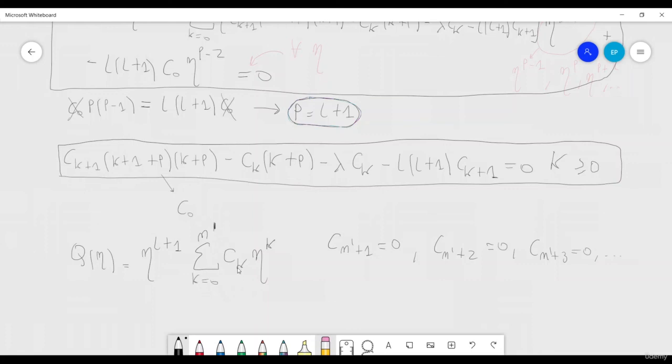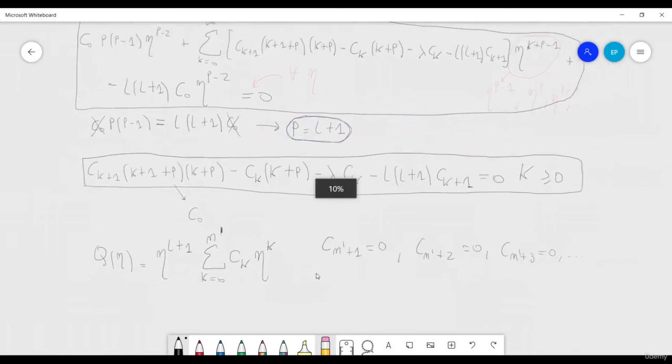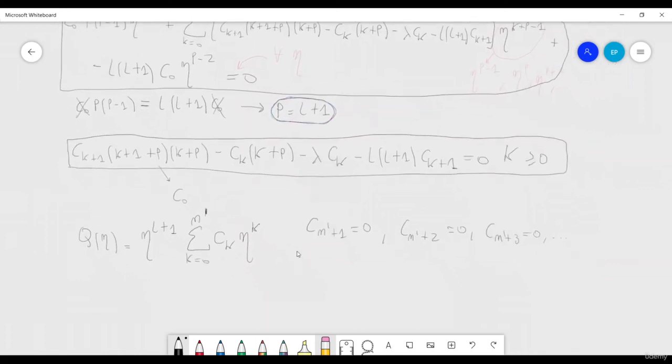Now, we can try to analyze the behavior of this expression when eta is large. So we will do it next time, but this is very important. I will have to set up the problem. So if eta is large, there will be a dominant term for q of eta.